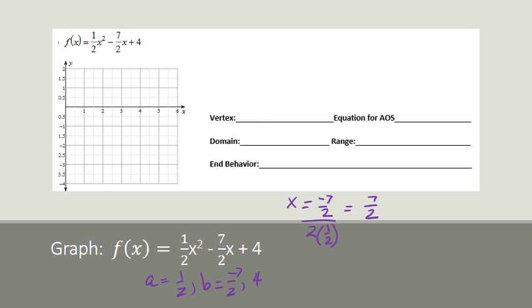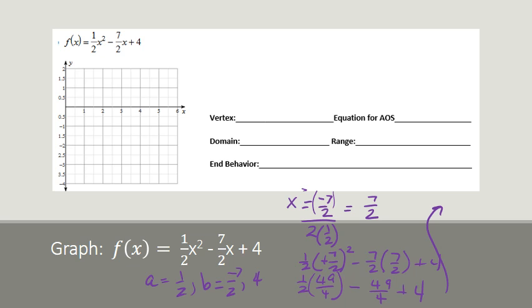If I substitute that in, I'm going to get 1/2 times 7/2 squared minus 7/2 times 7/2 plus 4. So I'm going to get 1/2 times 49/4 minus 49/4 plus 4.